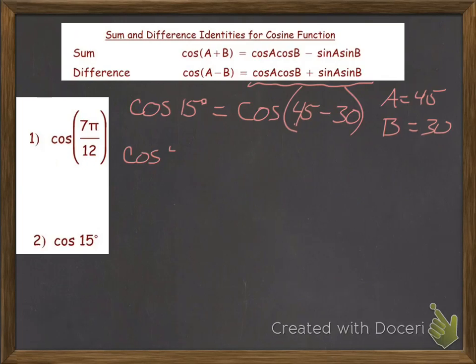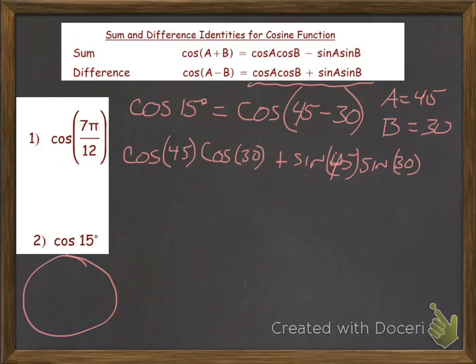So I have cosine of 45 degrees times cosine of 30 degrees. And this time it's a plus sine of 45 degrees times sine of 30 degrees. And now I can again use my unit circle.